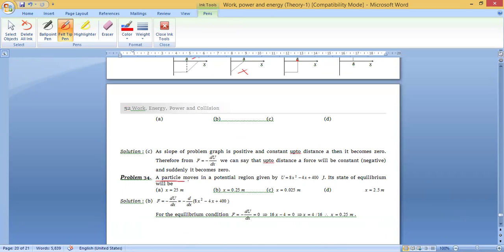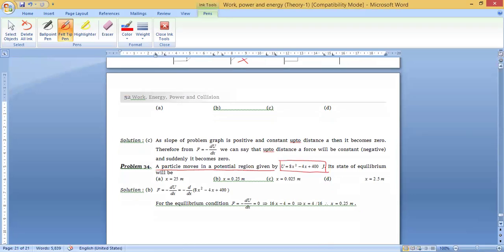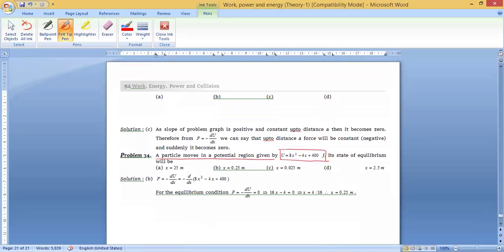Now question 34. A particle moves in a potential region given by potential energy U equal to 8x square minus 4x plus 400 joule. Its state of equilibrium will be? So where will we find equilibrium? The condition for equilibrium is F equal to 0, F equal to minus dU/dx. Minus d/dx of 8x square minus 4x plus 400.